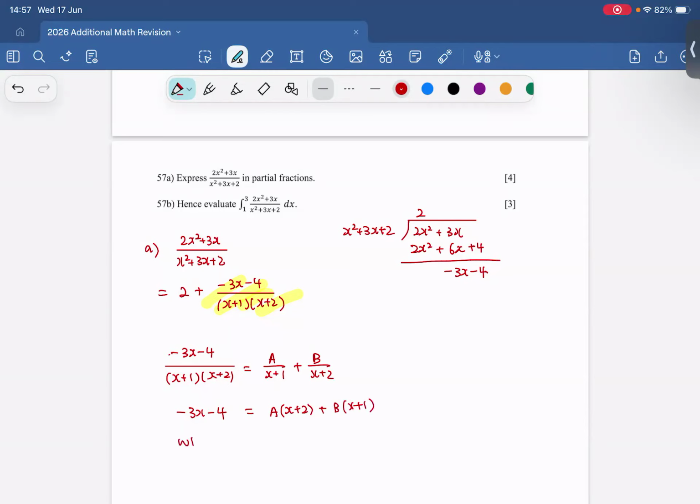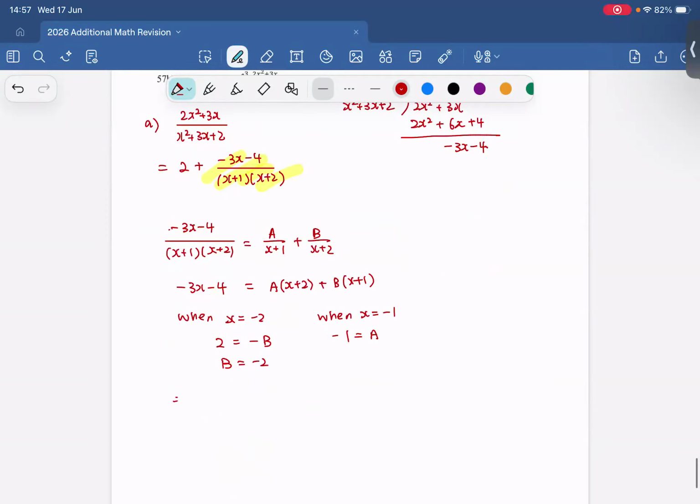Then we do substitution when x is negative 2. 2 equals negative b. 3 minus 1 equals 8. Therefore, 2x squared plus 3x over x squared plus 3x plus 2 equals, remember to write down these two, 2 minus 1 over x plus 1 minus 2 over x plus 2.